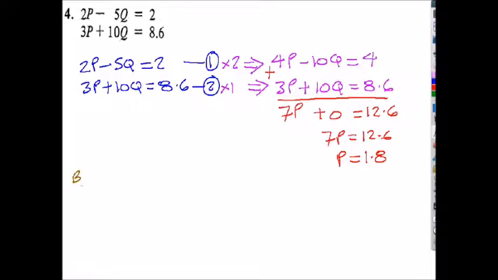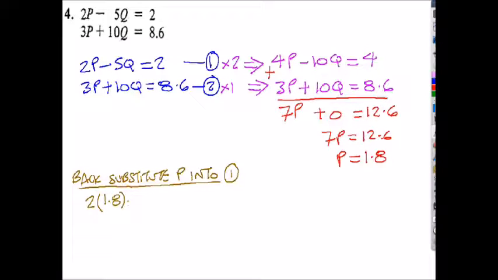So now back substituting p into, choose any equation I want. I think I'll choose equation 1. 2 multiplied by p, which is 1.8, minus 5 multiplied by q, the unknown, is equal to 2. That would put in the 1.8 into the equation 1. So 3.6 minus 5q is equal to 2.